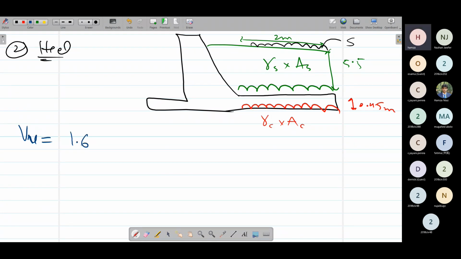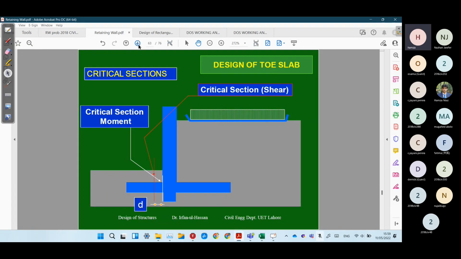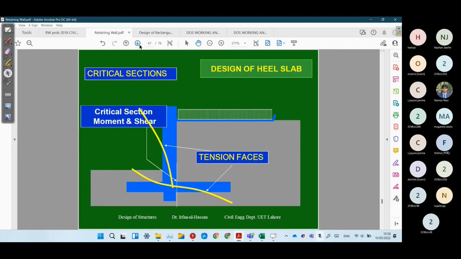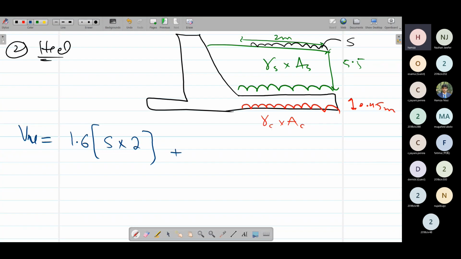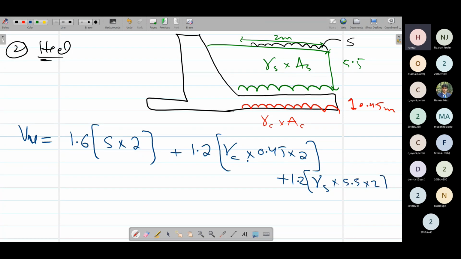The factor of safety for surcharge is 1.6, so 1.6 times surcharge load times the length on which it is acting, which is the 2 meters length of heel, plus the factor of safety for concrete, 1.2, times gamma of concrete times area of concrete, 0.45 times 2, plus 1.2 times gamma of soil into 5.5 into 2, the area of soil.